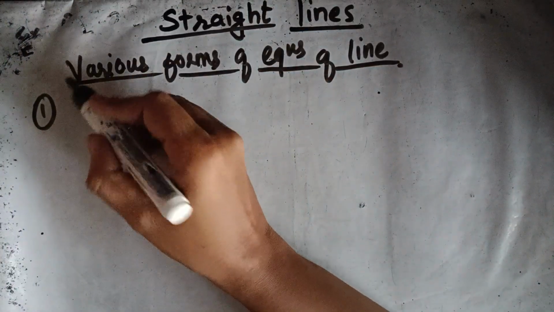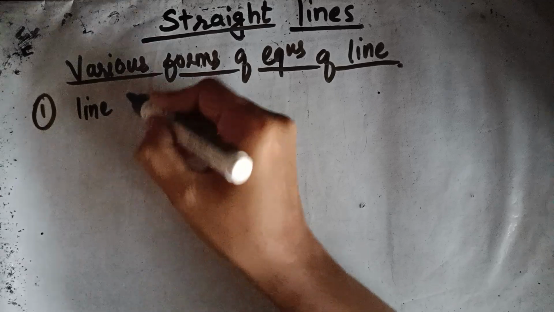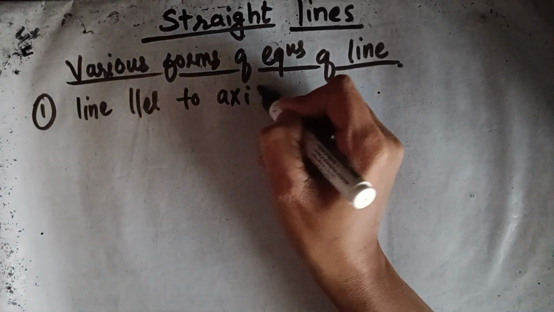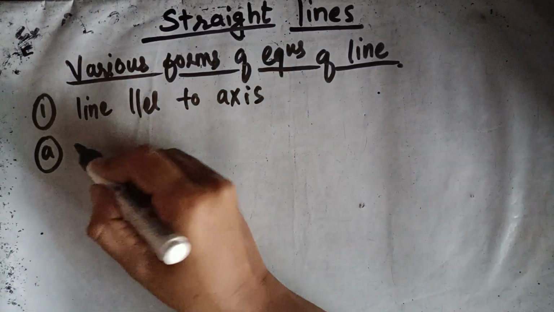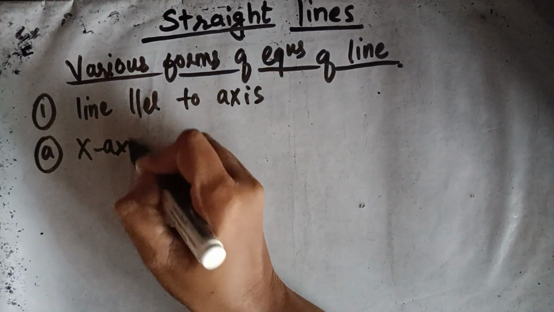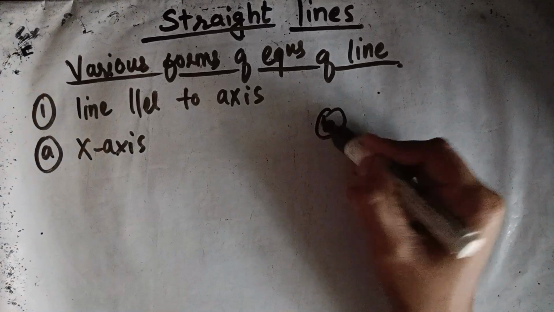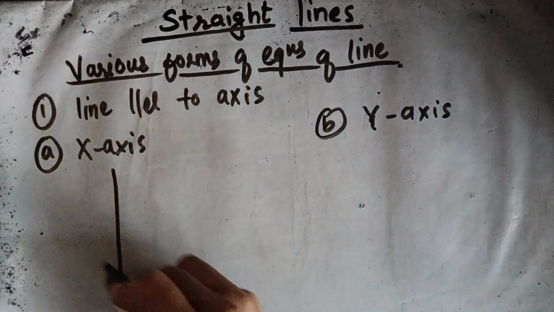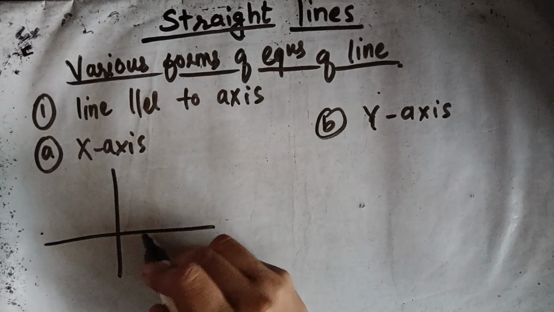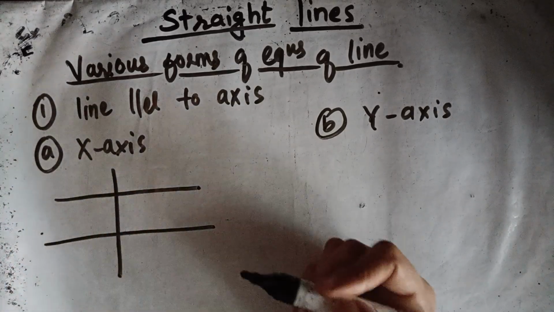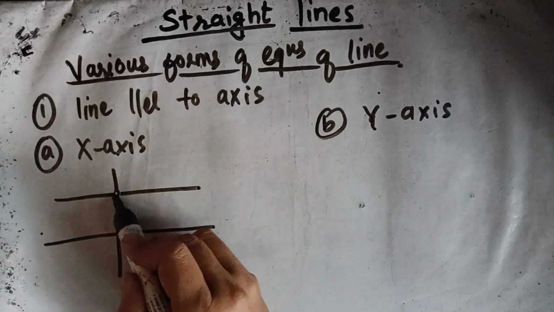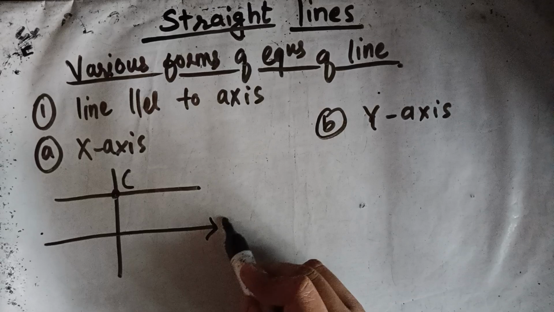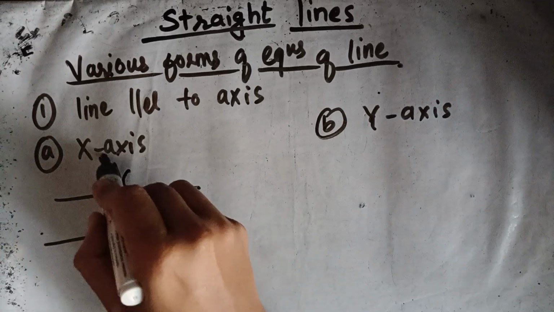So the line is parallel to an axis. So if it is parallel to the x-axis, and if it is parallel to the y-axis. So the line is parallel to the x-axis. So it is like this. Now this passes through a point. This is your x-axis, and this is y.